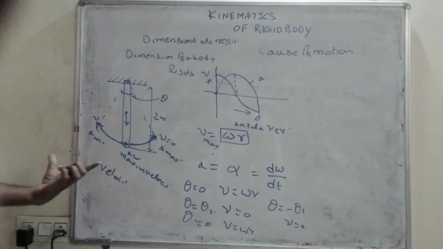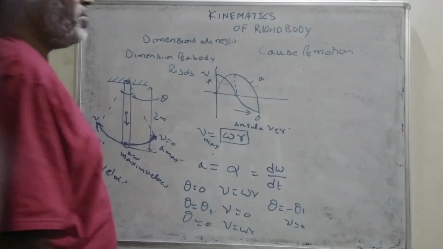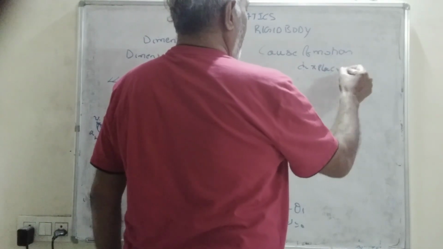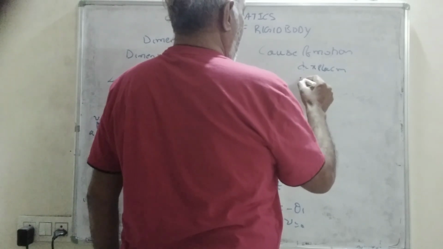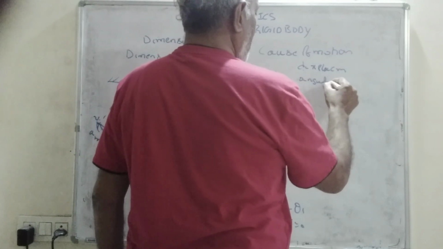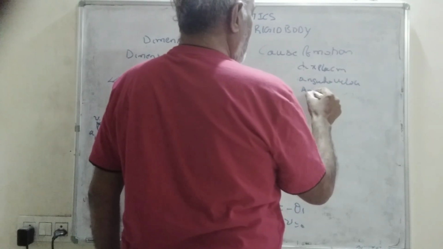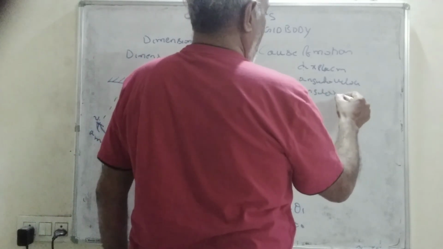So this is a rigid body, and this is all kinematics. What is kinematics? Displacement, angular velocity, and angular acceleration.